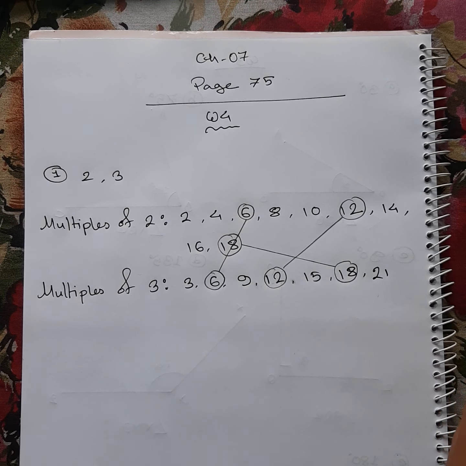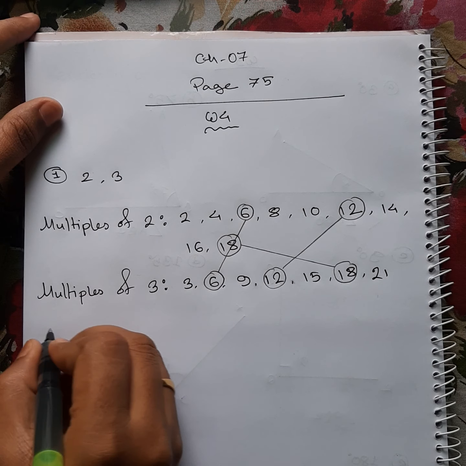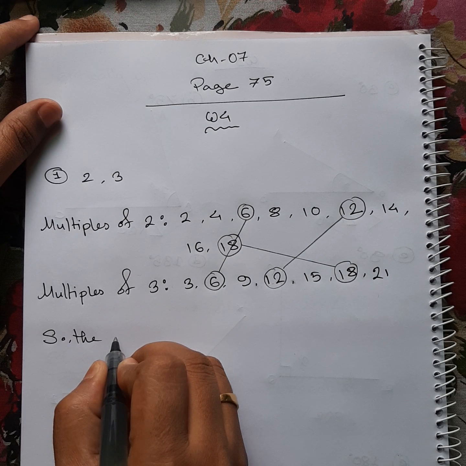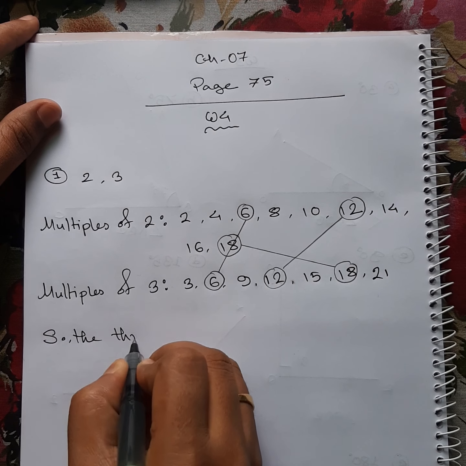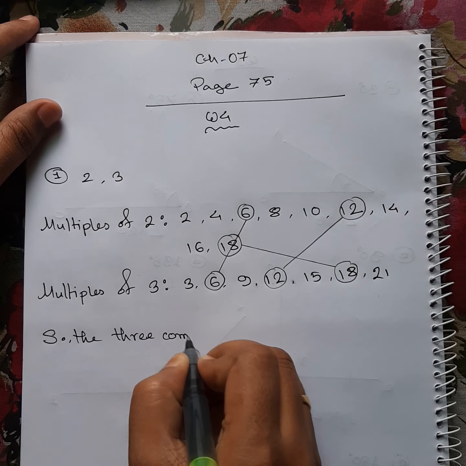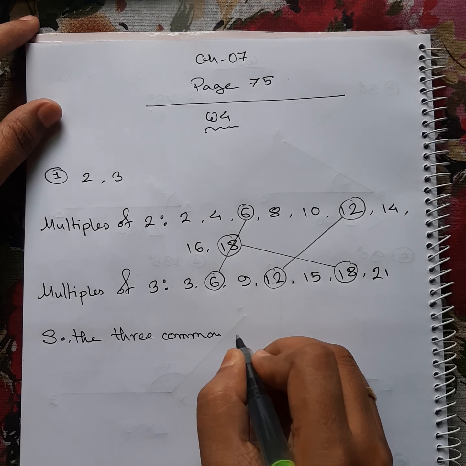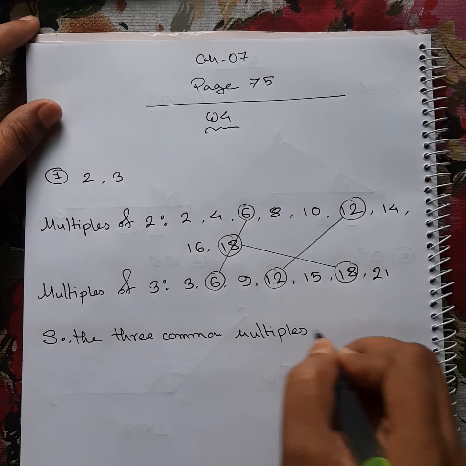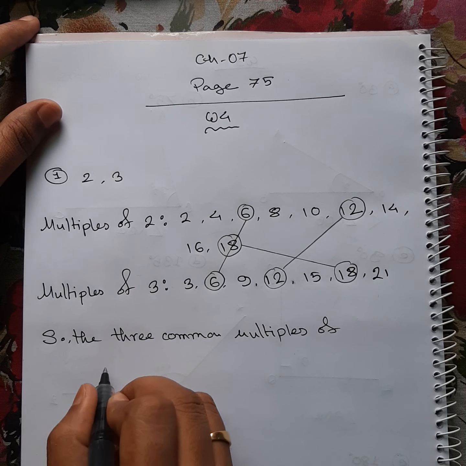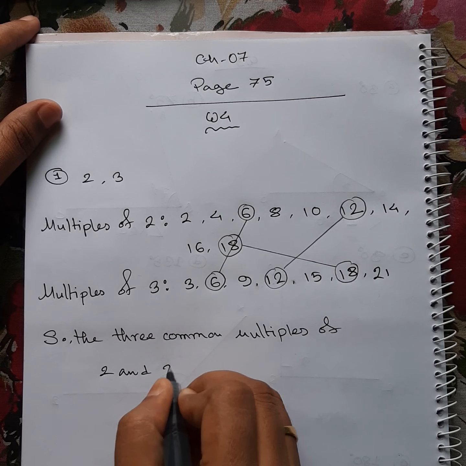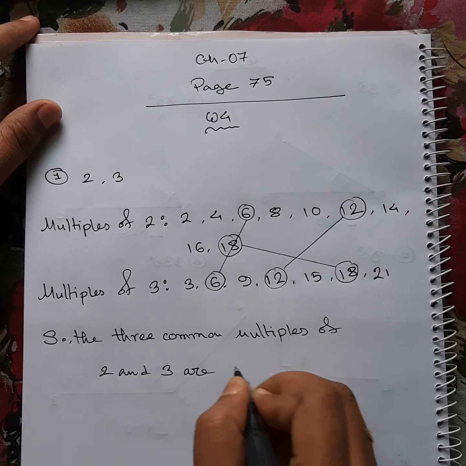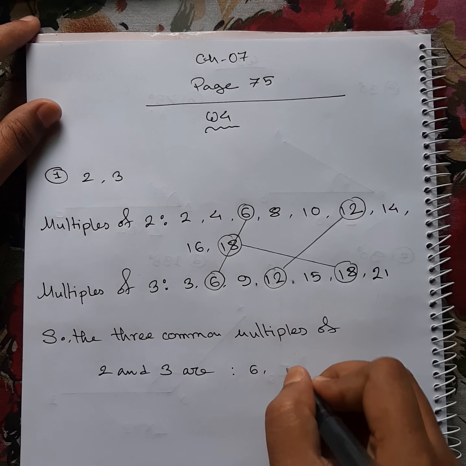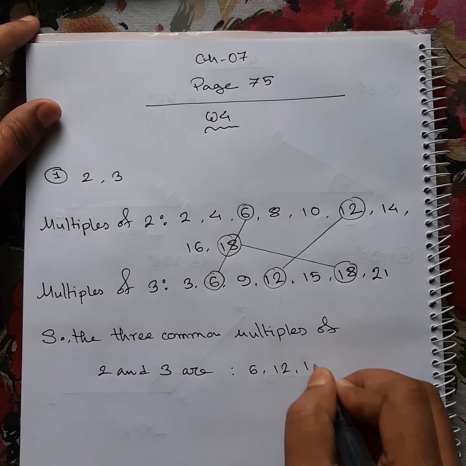So now we are going to write that down. The common multiples of 2 and 3 are 6, 12 and 18.